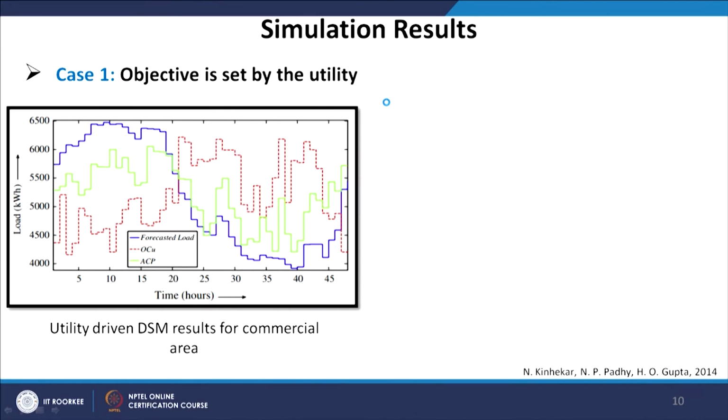Now, let us understand, if the objective is set by the utility, we will consider utility-driven DSM results for a commercial area. I need your attention: the blue characteristic that you see is the actual load characteristic for the commercial customers of a particular utility.